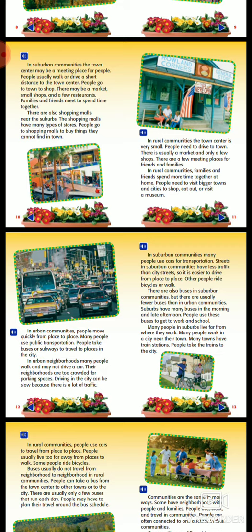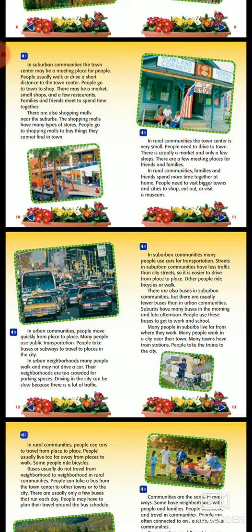In suburban communities, many people use cars for transportation. Streets in suburban communities have less traffic than city streets, so it is easier to drive from place to place. Other people ride bicycles or walk. There are buses in suburban communities, but there are usually fewer buses than in urban communities.